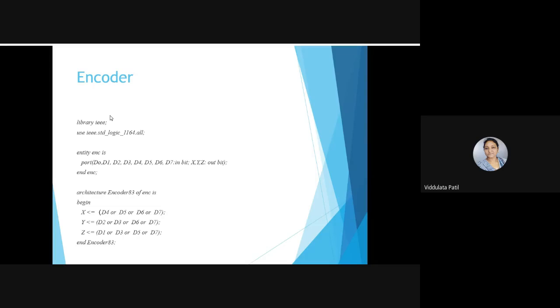Instead of the plus sign, you need to write OR, then only this code will execute, otherwise it will show an error. So this is the VHDL code for the encoder circuit.